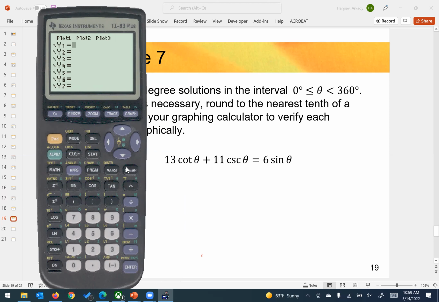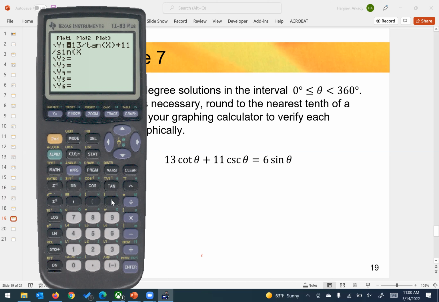So y equals, let's see what we can do here. Cotangent, everybody okay with this one? 13 divided by tangent. Plus 11 over sine is good by me.